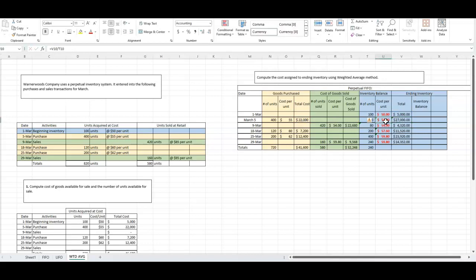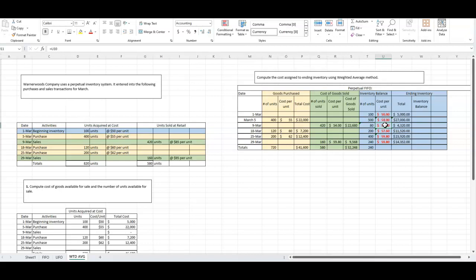And then you divide the cost by the units to get the cost per unit. I have extra decimal places here to take care of the pennies when we get to that point. So after we purchase 400 units at $55, my weighted average cost per unit is $54.